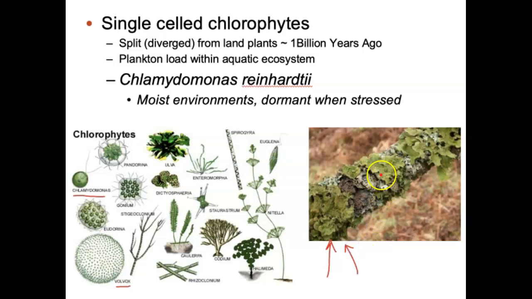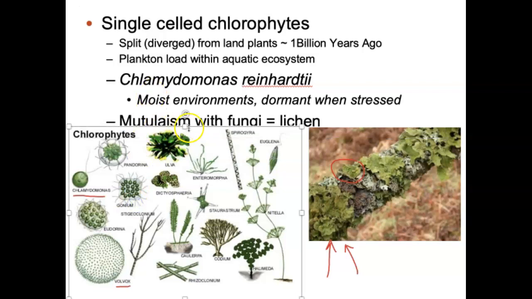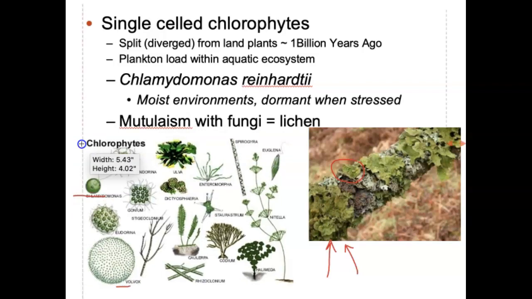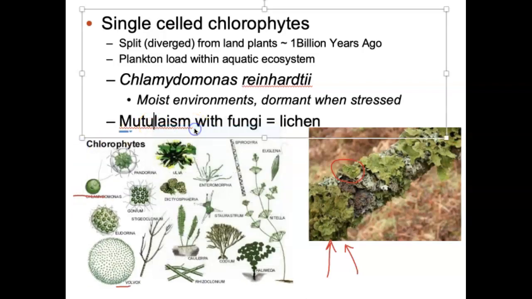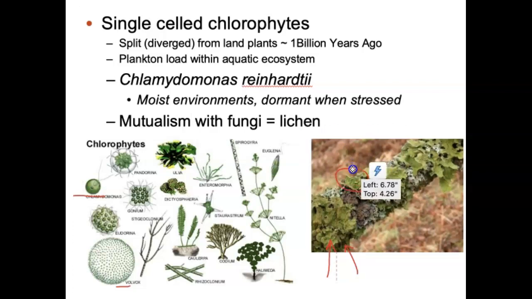So if you guys take a look at this stuff here, see that green thing right there? Kind of looks like leaves all over the branch. That is what's called a lichen. So when members of the chlorophytes form this little relationship with a fungus, then they produce an organism we call lichen.